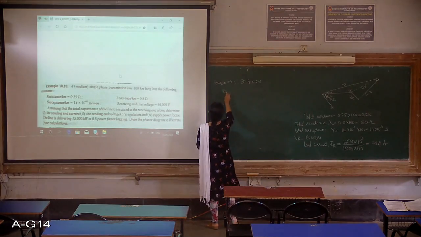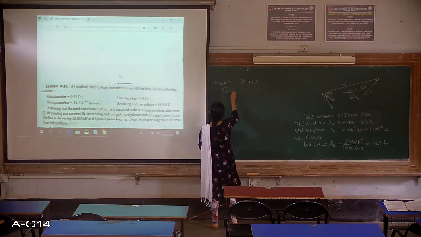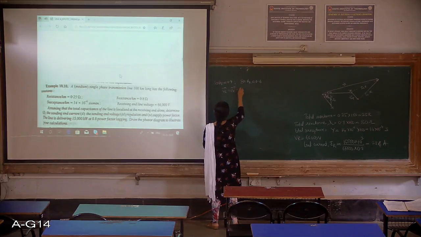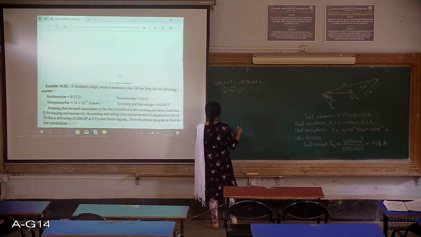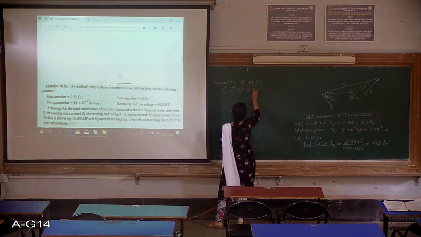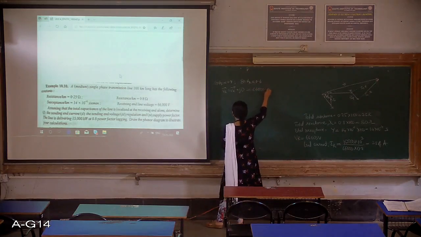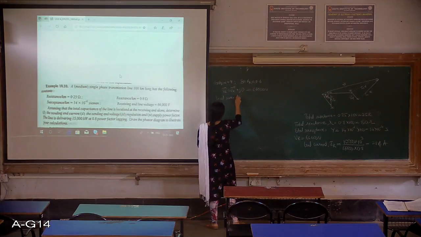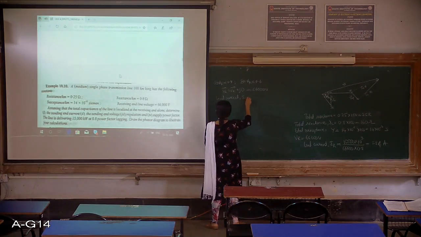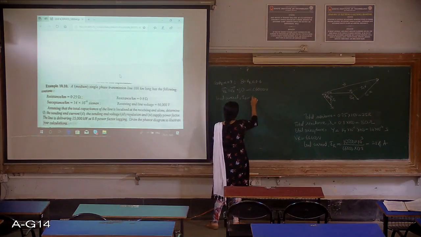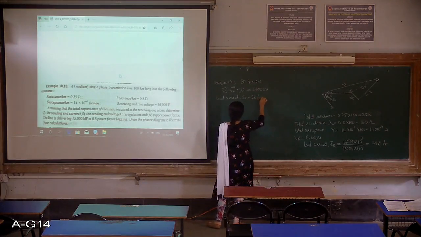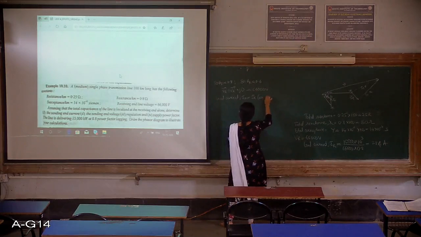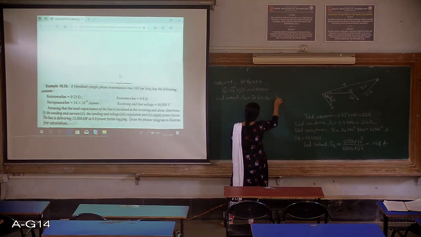Now referring to this phasor diagram, your VR will be the reference. So you can write VR is VR plus j0, because that is the reference, so the angle is 0. Your receiving end voltage is 66,000 volts. Then load current IR will be cos phi r minus j sin phi r.